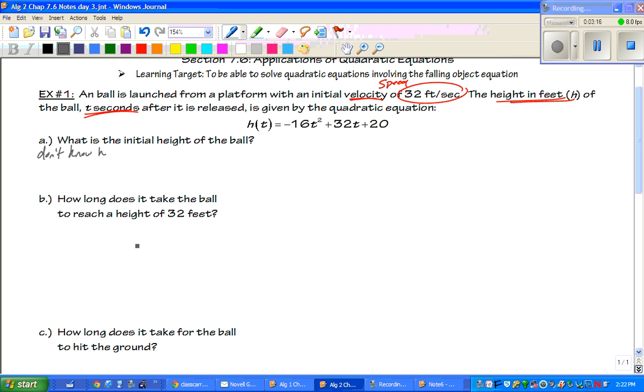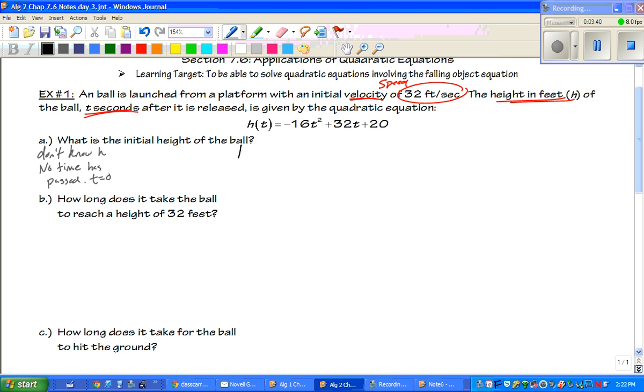What's the time? Has any time elapsed yet? No. No time has passed, so that means t equals 0.